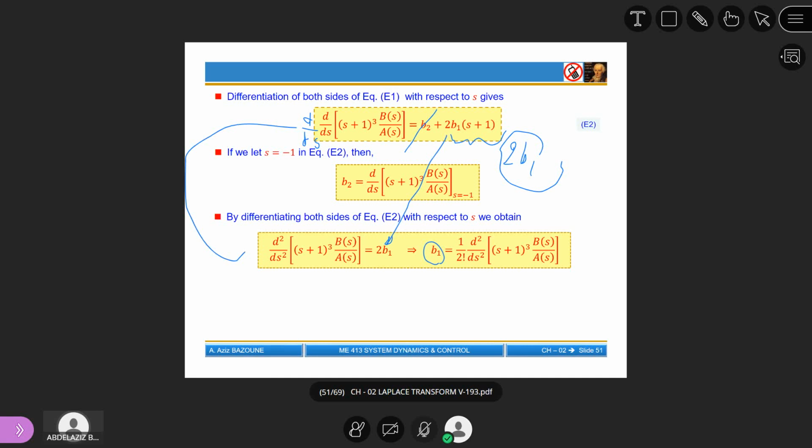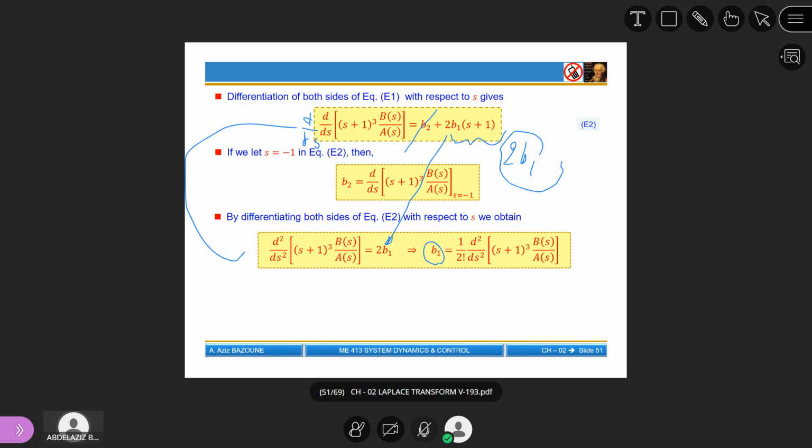I wrote factorial because if we have higher poles or higher multiplicity, it will be factorial: 1, 2, 6, and so on. So b1 is the second derivative of these terms divided by 2 factorial.